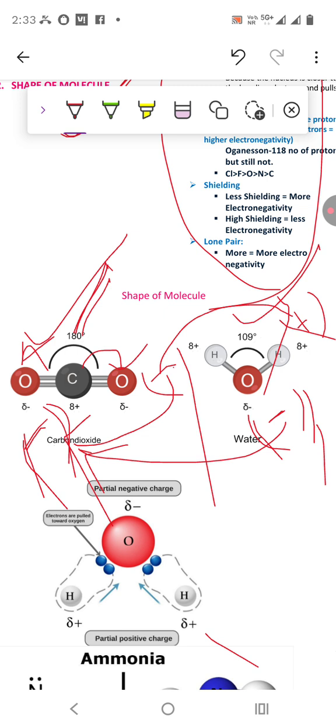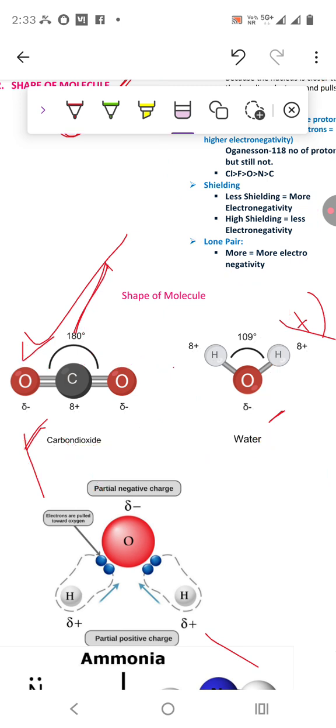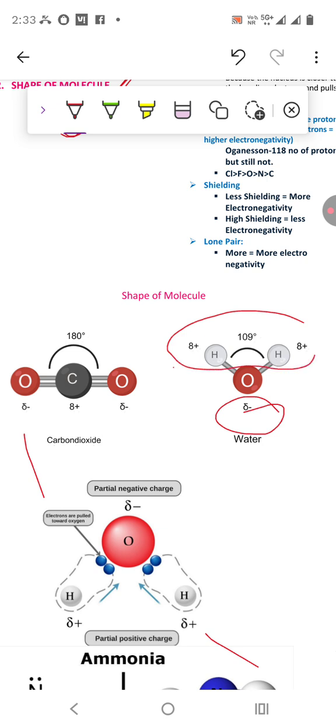Here water is in a bent shape. That's why this is one end, this is the other end, and one end is negative, the other is positive, the opposite.